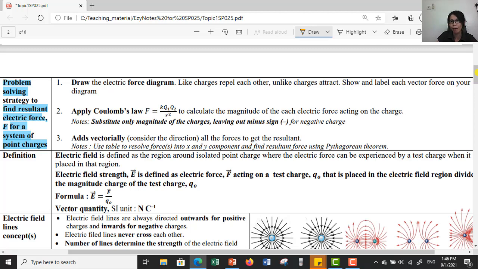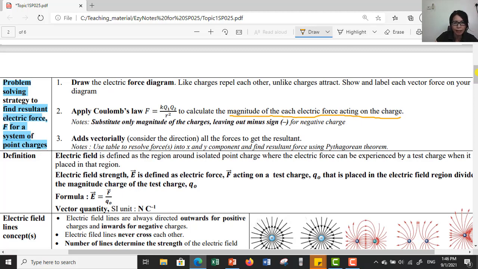We show and label each of the vector forces on our diagram. Okay, and then second, we are going to apply the new Coulomb's law. Kita akan gunakan equation KQ1 Q2 over R squared to determine the magnitude. Kita akan gunakan untuk cari magnitude of each electric force that acting on the charge.